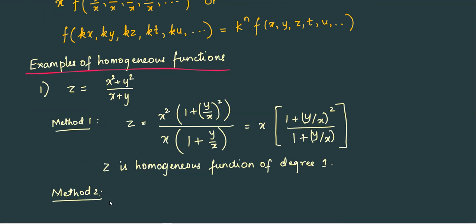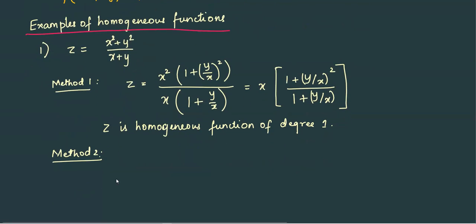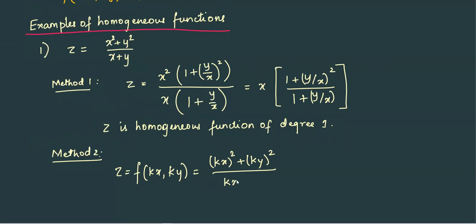Next method is replace. So z is equal to f of kx, ky. That means I will replace x with kx, y with ky. So what I get, kx the whole square plus ky the whole square by kx plus ky.